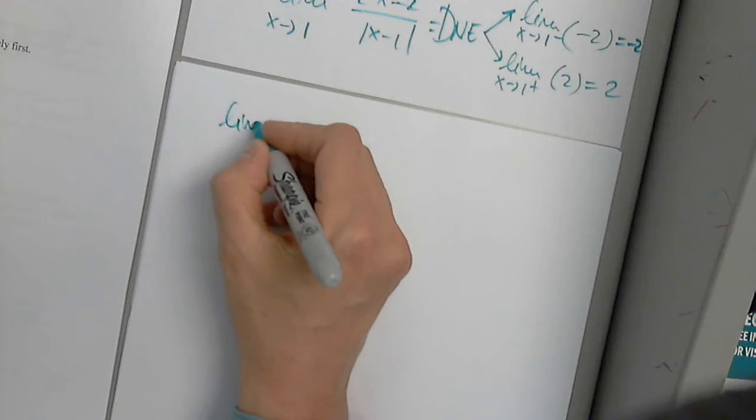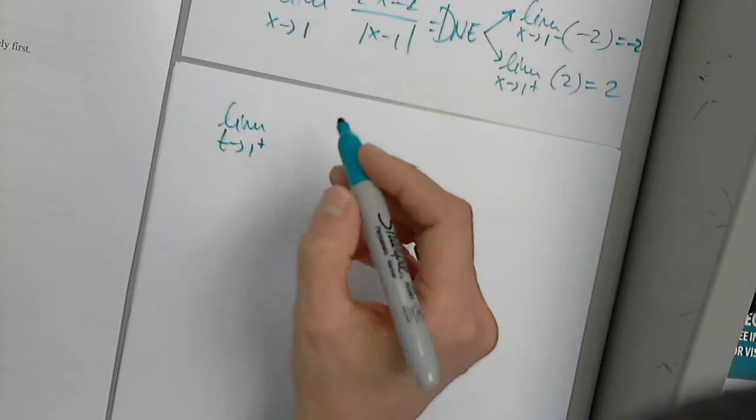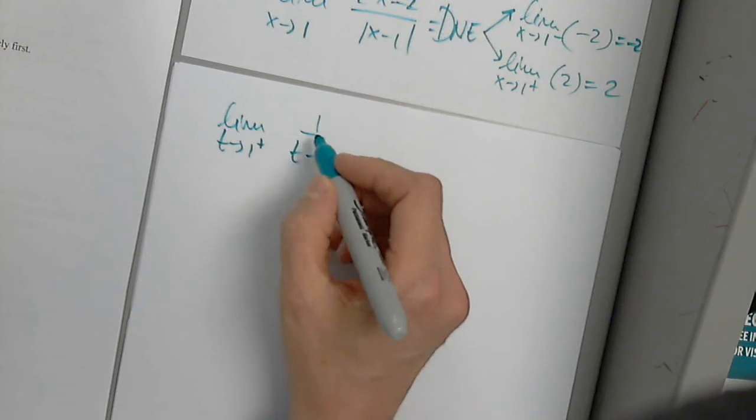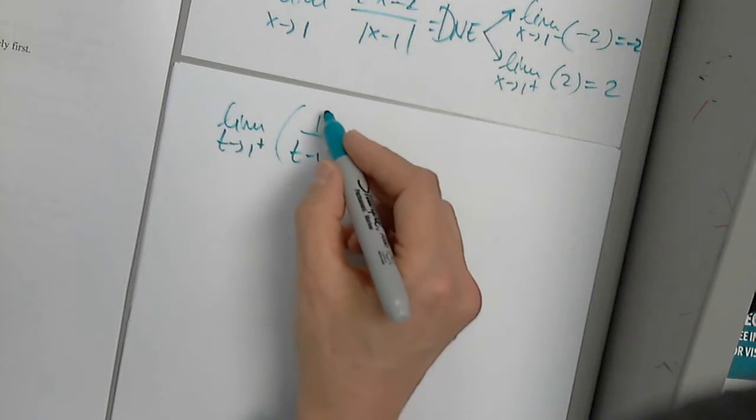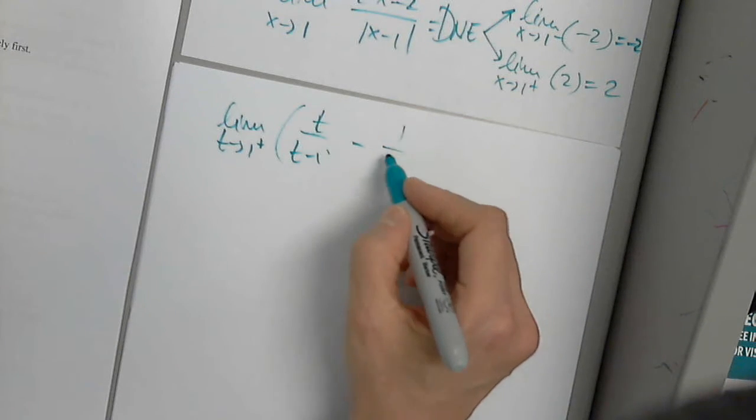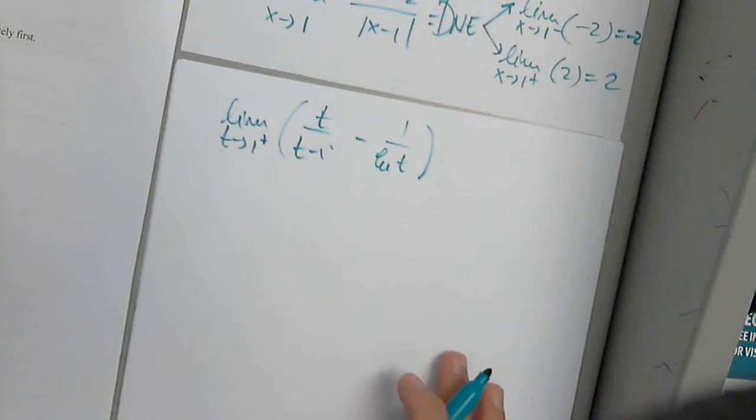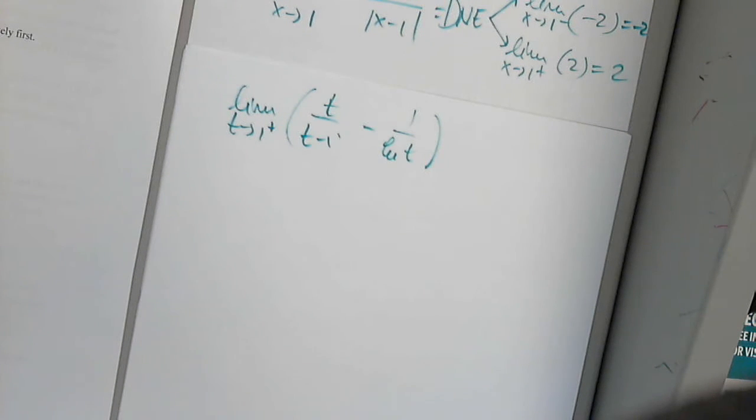Now the limit as t approaches 1 from the right of t over t minus 1, minus 1 over natural log t. I would love to apply a limit law, but I can't, because the limit of the first one is not a number, and the limit of the second one is not a number. So therefore, I have to do something else.